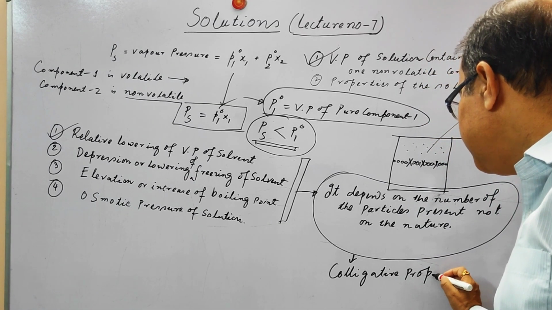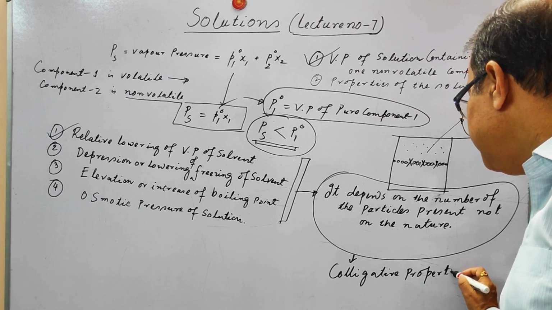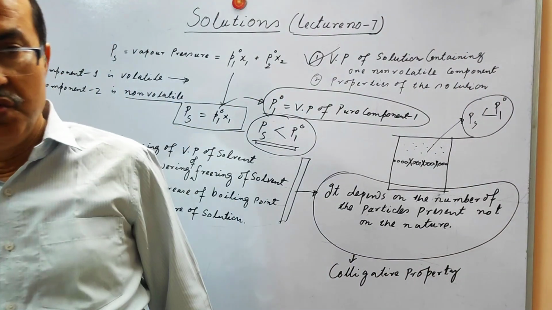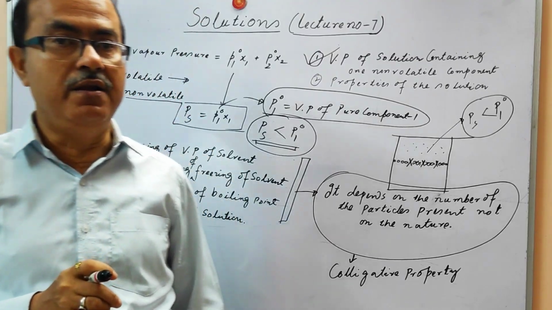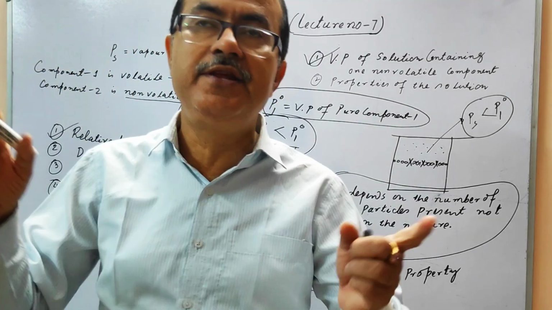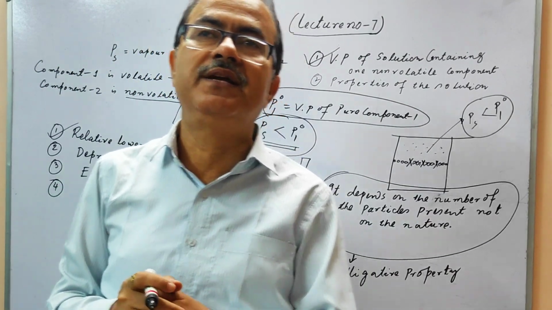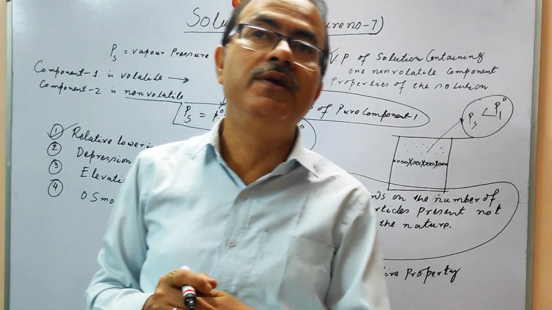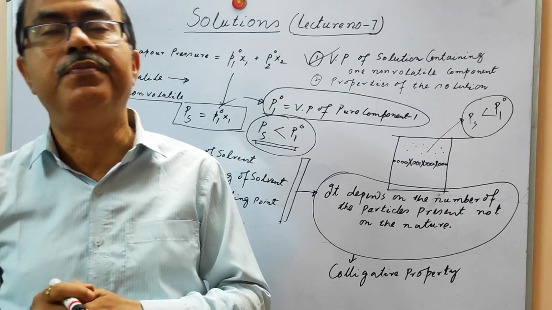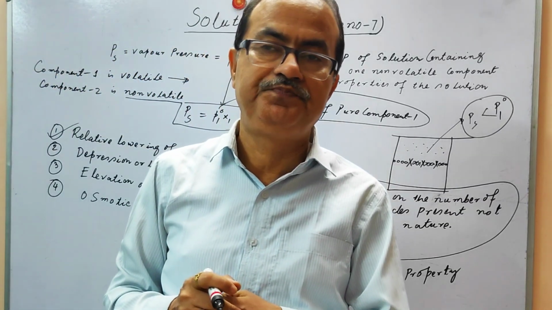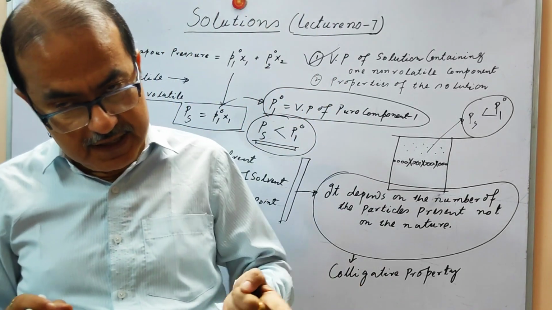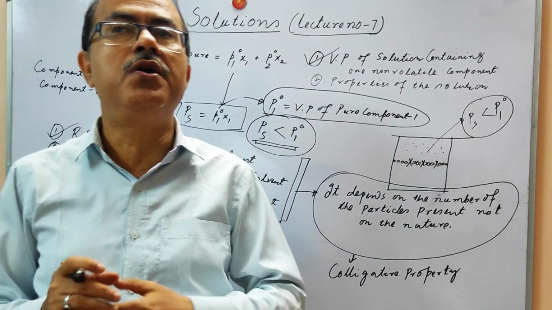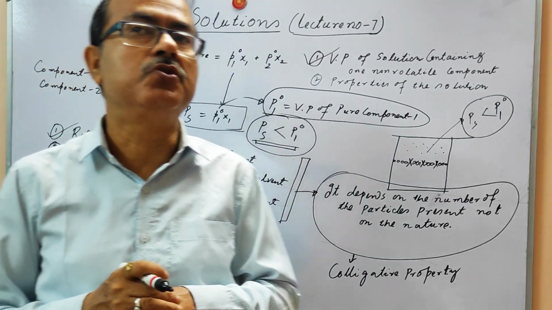So we understand that when we add some non-volatile substance to the volatile substance and create a solution, the vapor pressure will be reduced and it will be less than the vapor pressure of the pure solvent. And this reduction in the vapor pressure will influence different properties of the solutions.